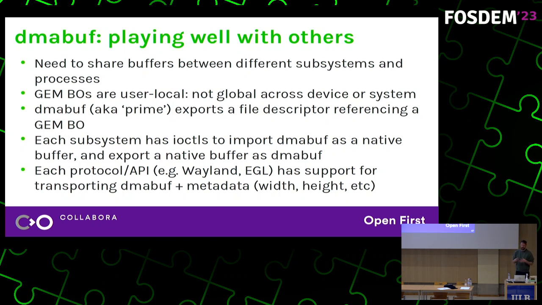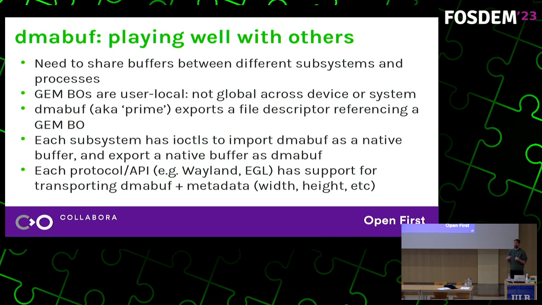It's a kernel concept about sharing memory regions between different subsystems, different processors, different contexts, whatever. So, we've already got, in the graphics side of things, the GEM buffer objects, but they're local to one particular device and to one particular user context.